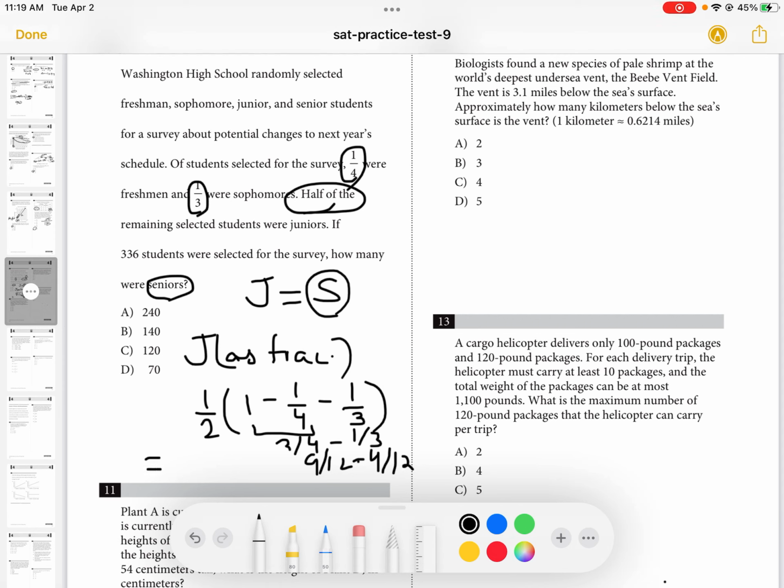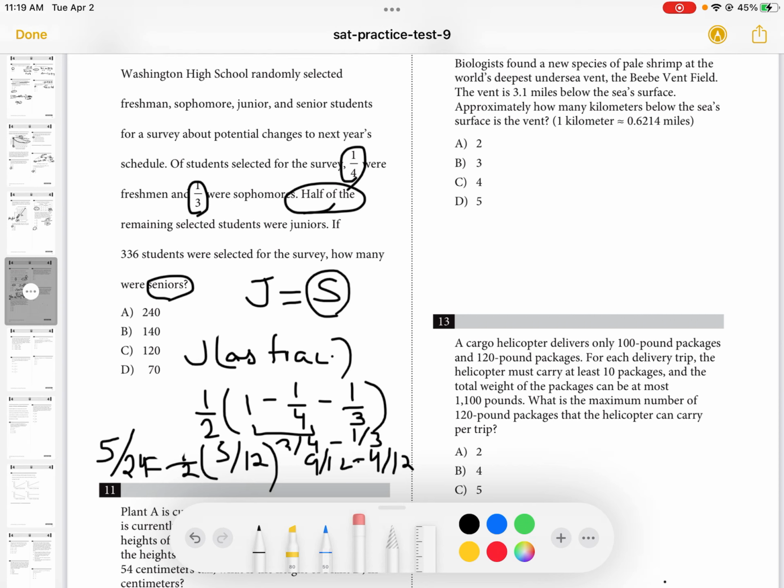So that's, no, not 1/12, sorry, 1/2 of 5/12. That's what's left. So our junior population is 5/24 of the total population.